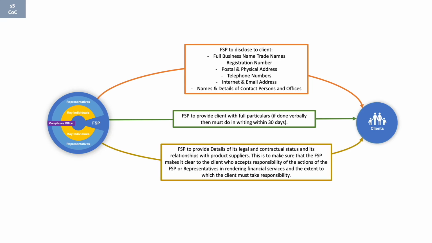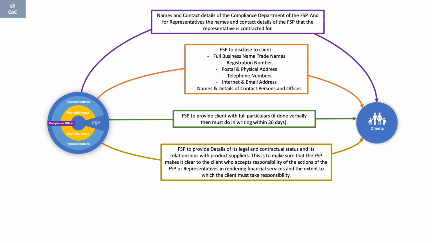The FSP is to provide details of its legal and contractual status and its relationships and agreement with product suppliers. This is to make sure that the FSP makes it clear to the client as to who accepts responsibility of the actions of the FSP and/or representatives in rendering financial services and the extent to which the client must take responsibility.